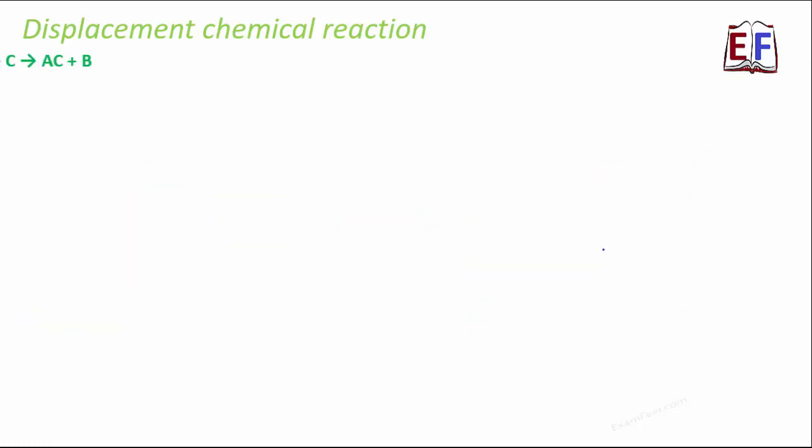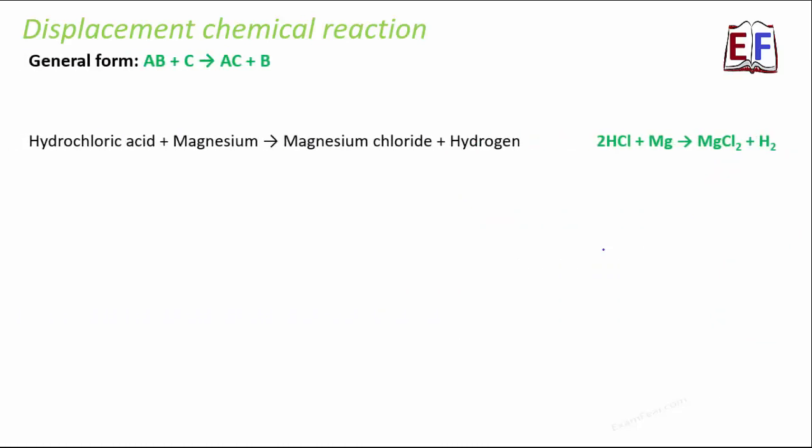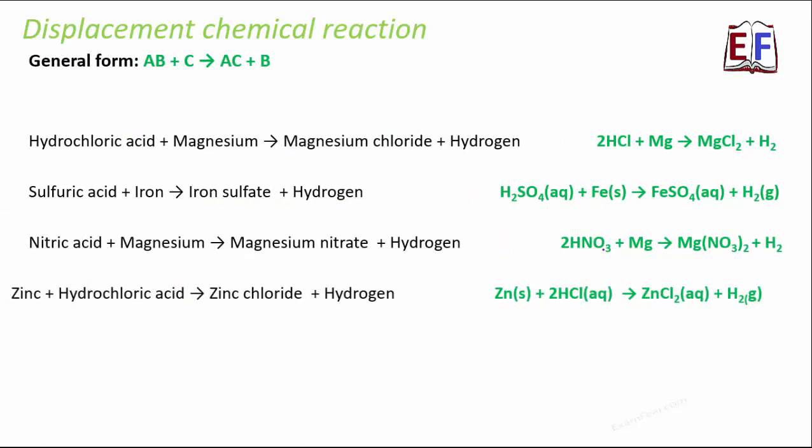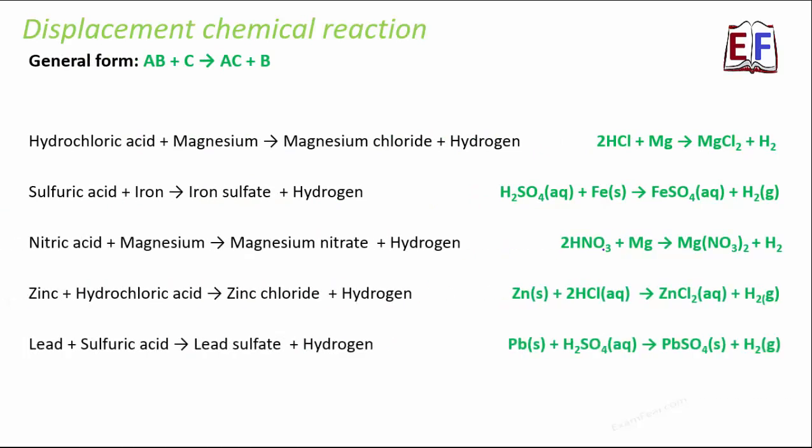Some examples of displacement reactions are as follows. If you look at all of these reactions on the screen, they are all displacement reactions. Let's randomly pick one of these and see if displacement takes place. Let's talk about sulfuric acid and iron. H2SO4 plus iron gives ferrous sulfate, that is FeSO4, plus H2. What's happening here? Iron is kicking out hydrogen from this compound and taking its position.